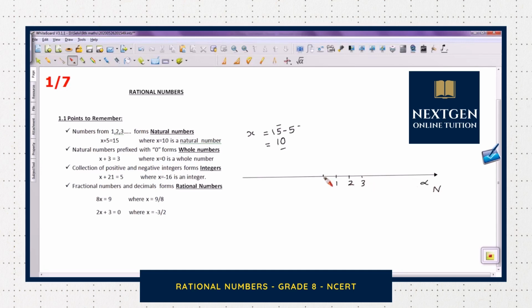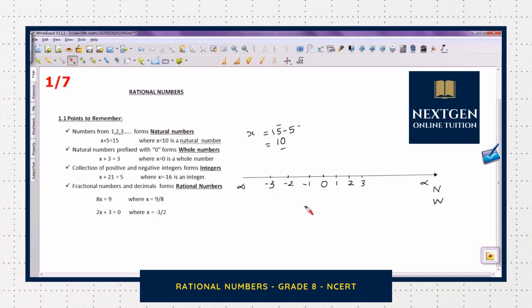If I prefix 0, I call them whole numbers. If I have minus 1, minus 2, minus 3, this collection also goes up to infinity. It is endless. So this collection of positive and negative numbers forms the integers.